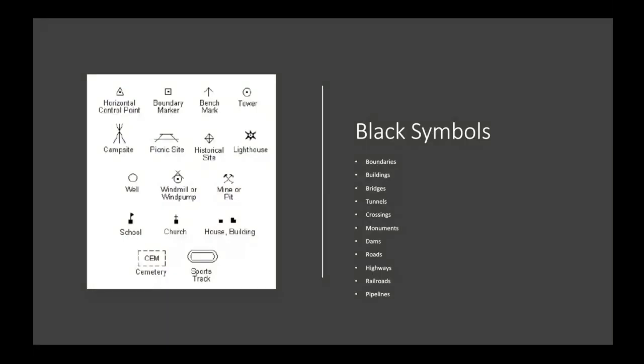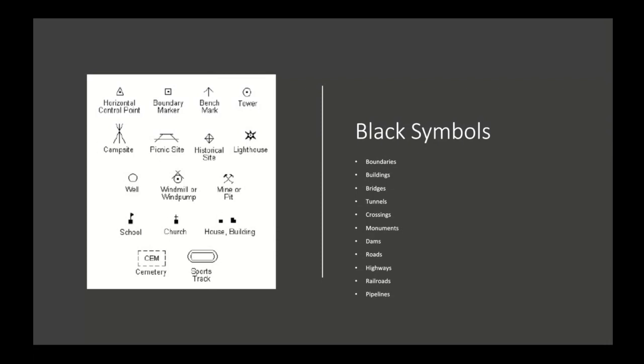So just diving right into this, I want to start by looking at some of the symbols that you'll see on topo maps. There's lots of different colors used to show different symbols. First are things depicted in black, like boundaries.